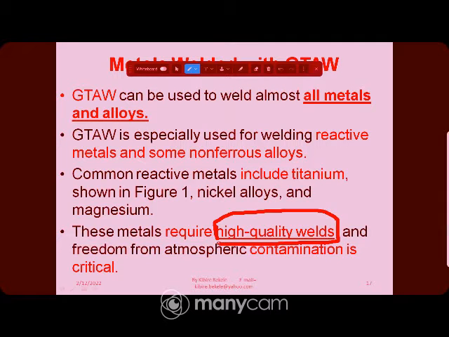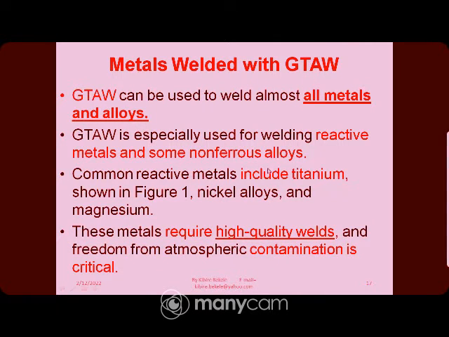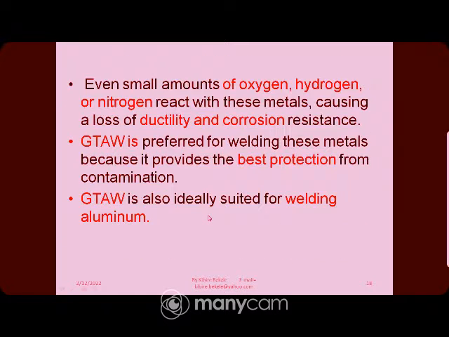They require high quality welds, and they need freedom from atmospheric contamination. The atmosphere can simply affect their properties. Because of this, the reactive metals need high quality welding. So simply by using gas tungsten arc welding, we can weld the reactive metals.